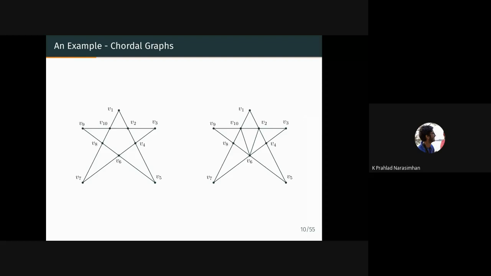Again, look at the graph that we took before, right? So this I'm claiming is not chordal. Why? Take the vertices V2, V4, V6, V8, and V10, the ones that form the internal pentagon thing. What does the definition say?